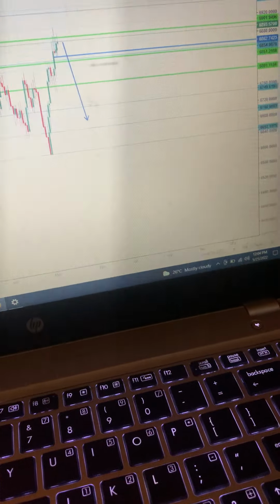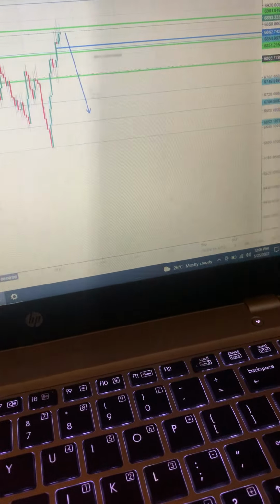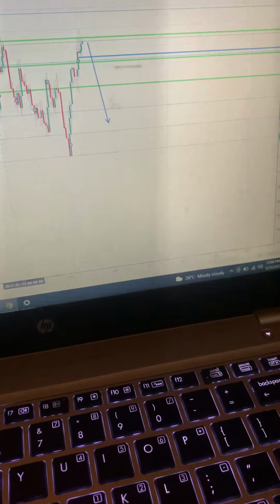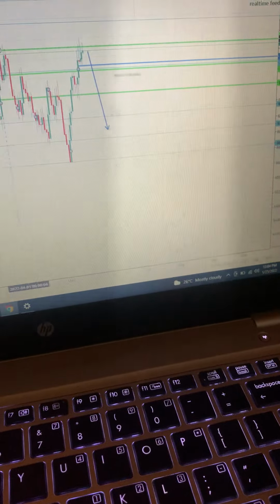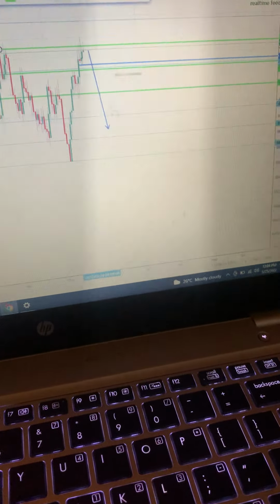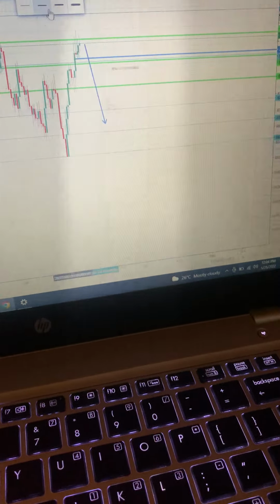Let me show it to you guys. You can see the movement of the market up, down, up, down again. The market has been moving toward this point. So this is the major resistance level right here. Let me make this a little bit thicker. That is the major resistance level that the price has been reacting to.